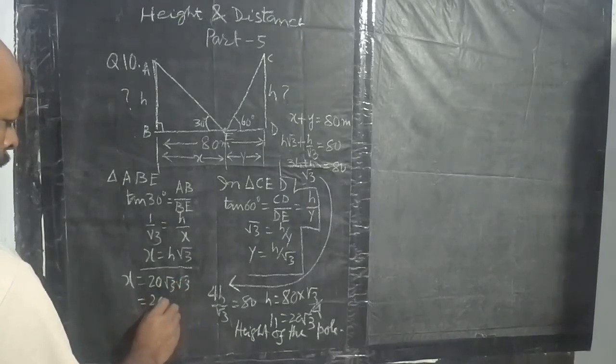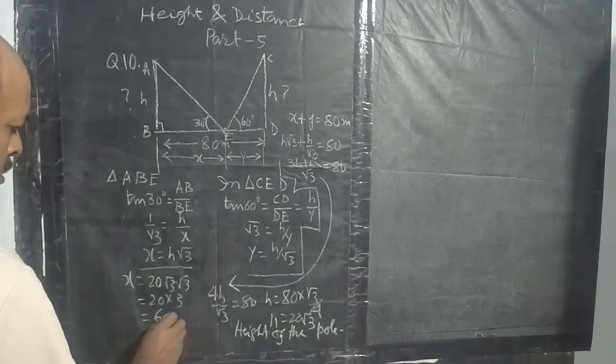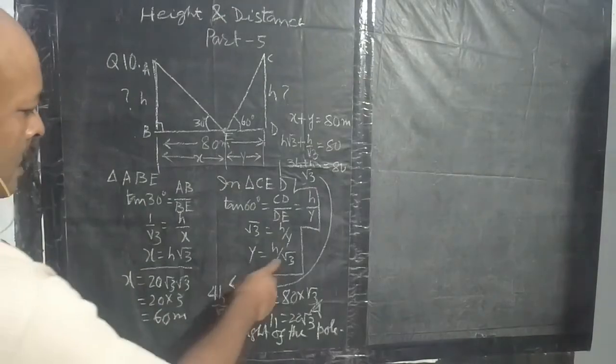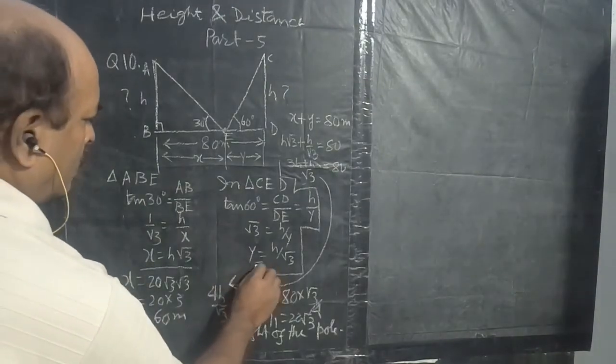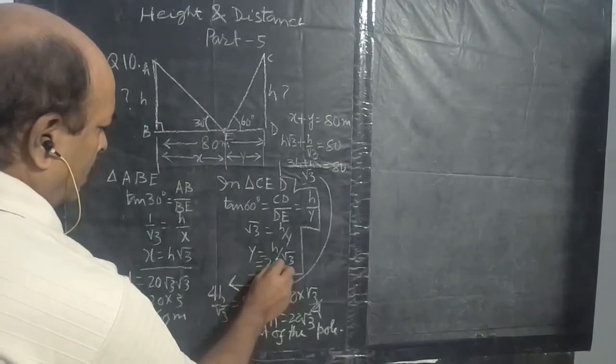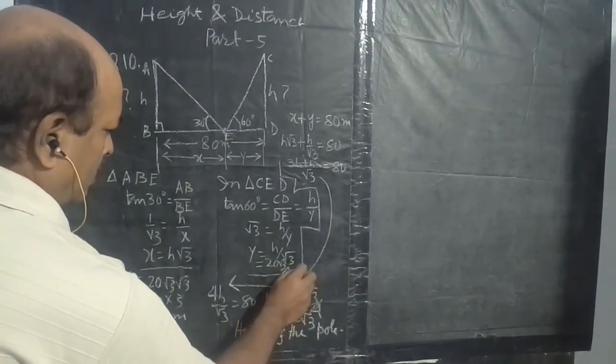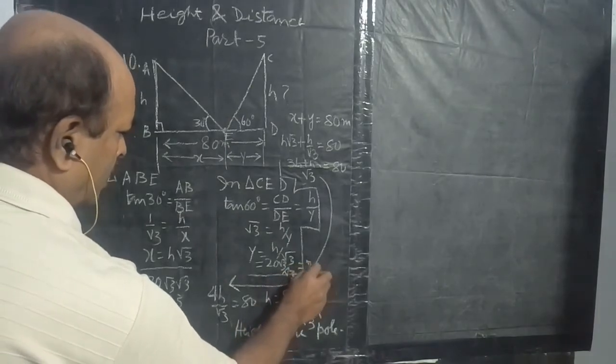So 20 into 3, that means 60 meters. This is the distance, and here y is equal to h upon root 3, means 20 root 3 upon root 3, means y is equal to 20 meters.